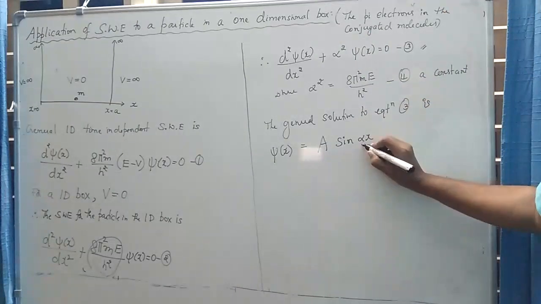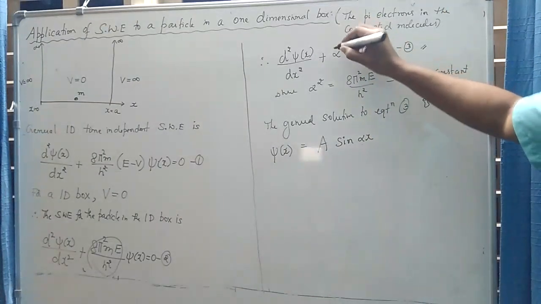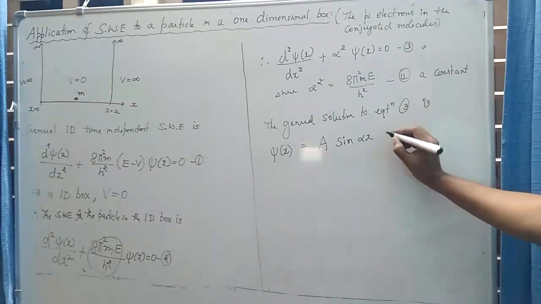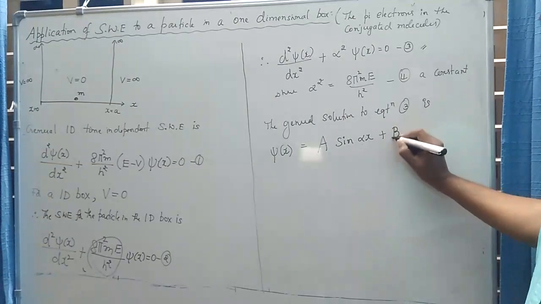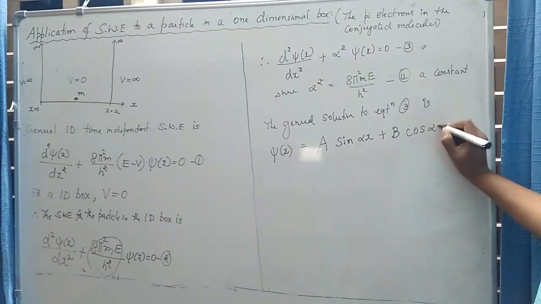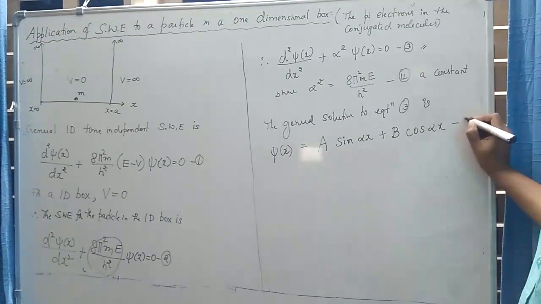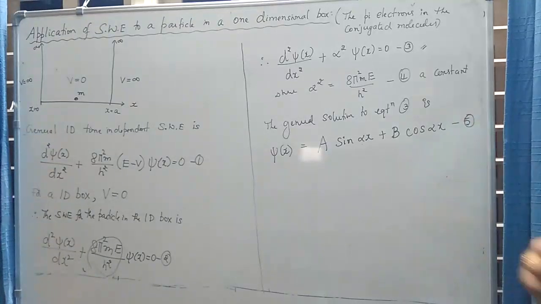Where does this alpha come from? From here. Here I have alpha square, that has become alpha, plus b into cos alpha x. So this is a general solution for equation 3.